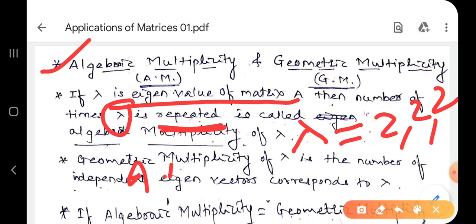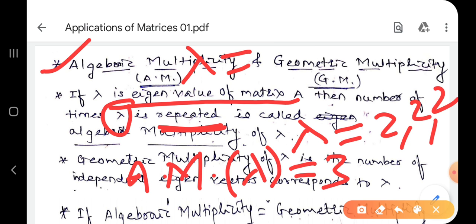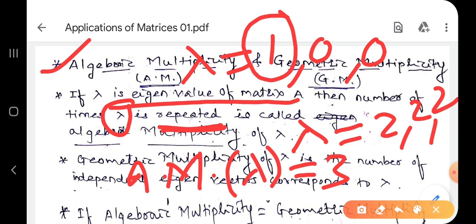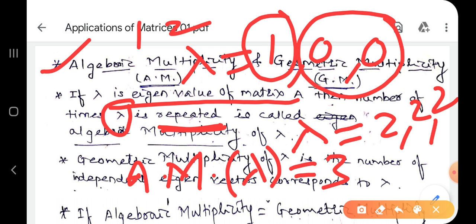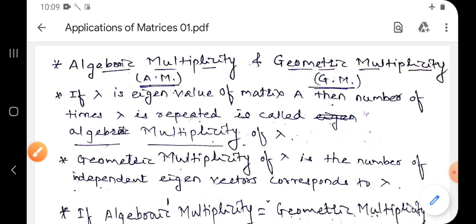So the algebraic multiplicity of lambda, AM of lambda, is equal to 3, where lambda equals 2. Suppose I take lambda equal to 1, 0, 0, then the algebraic multiplicity of 1 is 1, and the algebraic multiplicity of 0 is 2, because it is repeated 2 times. Have you understood?